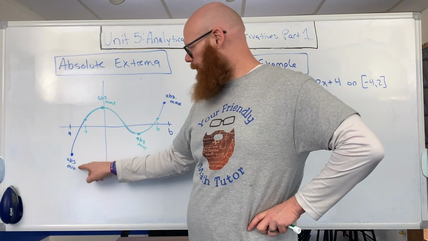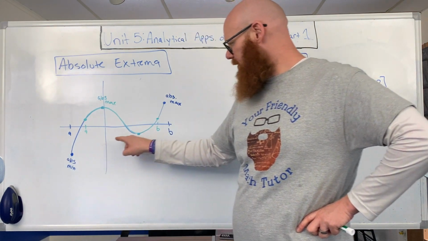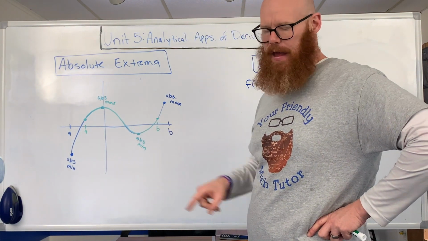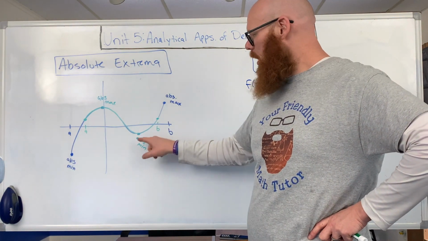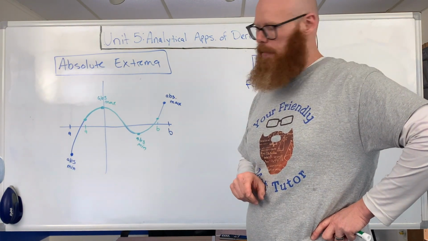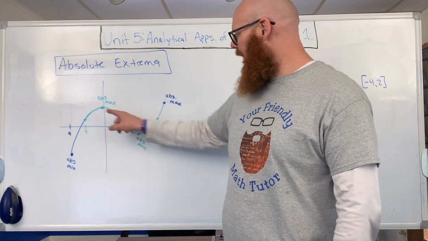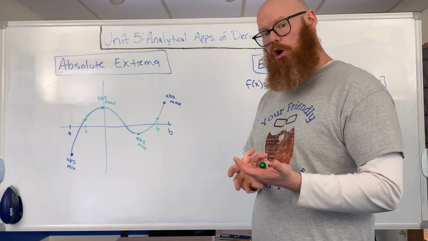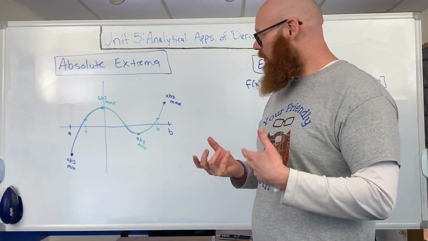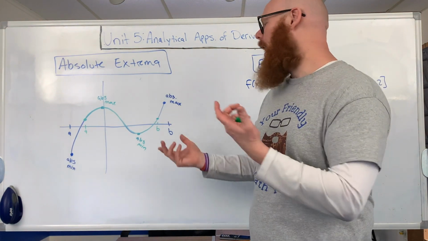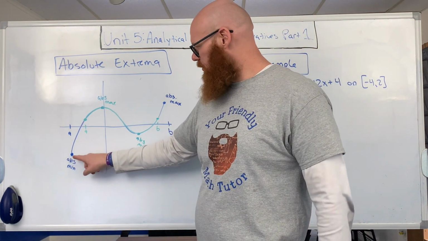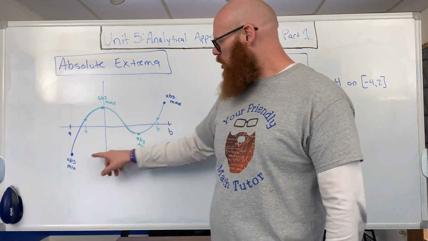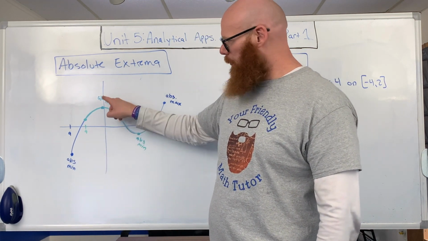And the only way that the absolute min could occur at an endpoint is if it's lower than any of the local minimums. But if it's not, then our absolute max and min are going to occur at local maxes and mins. And we could have a combination of this. We could have started here and then stopped here. So our absolute min would be here and our absolute max would be there.